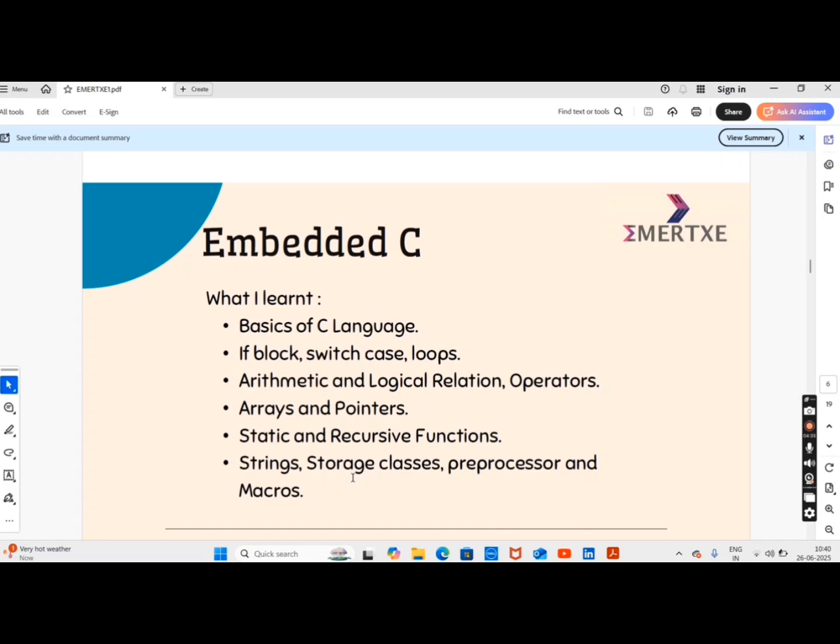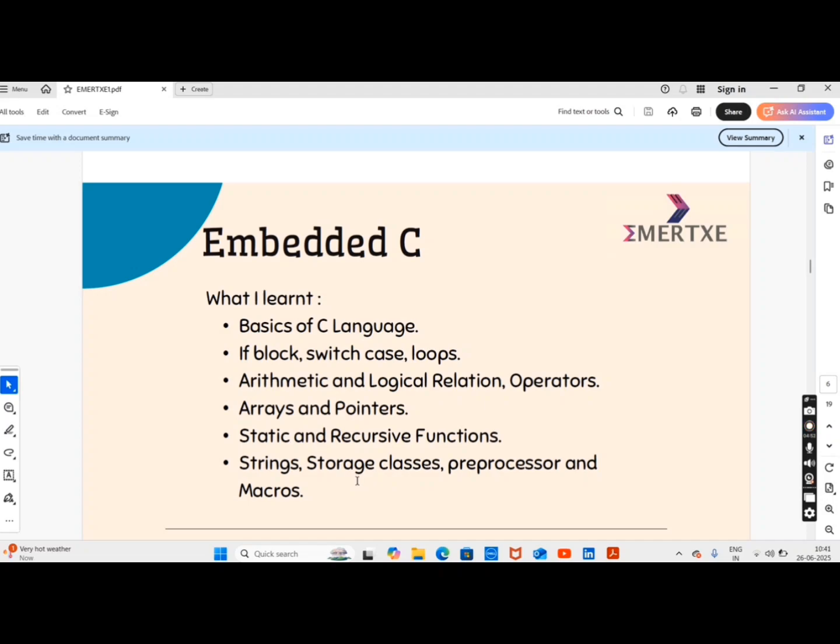Embedded C is basically the C language which we use in our embedded system project. This is the only language we use in our embedded system. There are no other languages present in our embedded system.